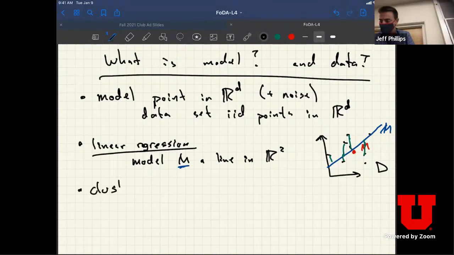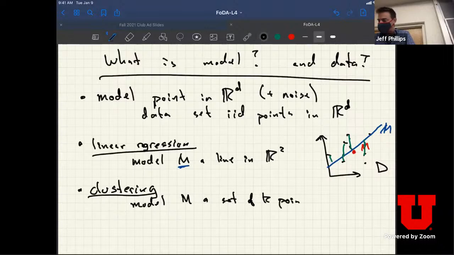In clustering, okay, there are various models for clustering, but in all these cases, the data are going to end up points in R^d, d-dimensional points. We could think of them as 2-dimensional points for now. The model now is going to be a set of k points.